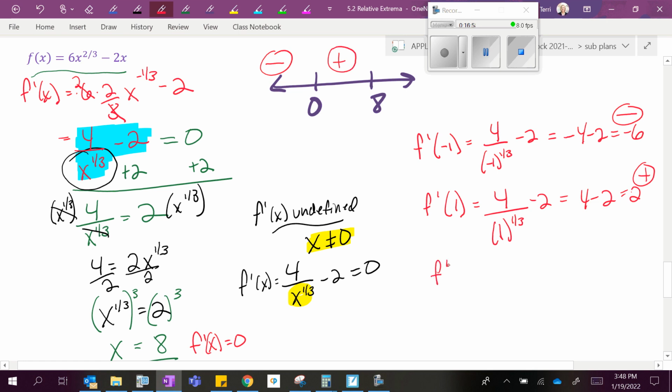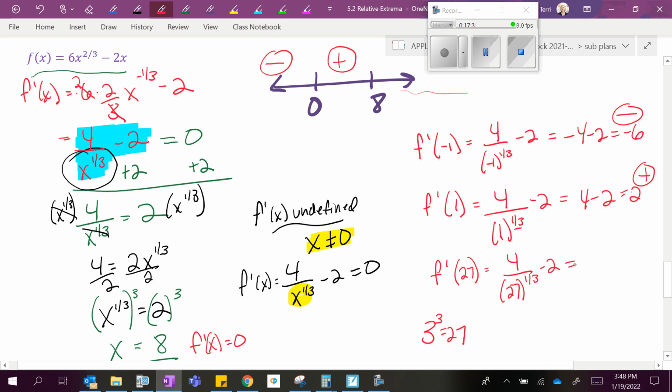Choose a number greater than 8. Because I have to take a cube root, I'm going to go ahead and choose 27, because 27 is a perfect cube. 3 cubed is 27. I can choose any number greater than 8. So I'm going to choose 4 divided by 27 to the 1/3 minus 2.